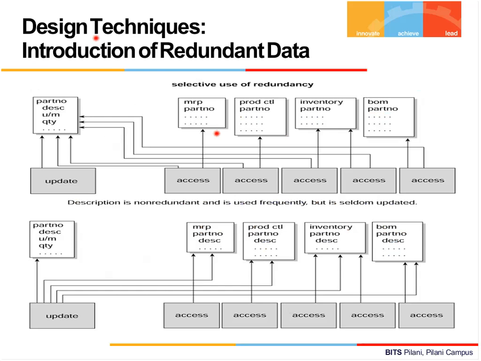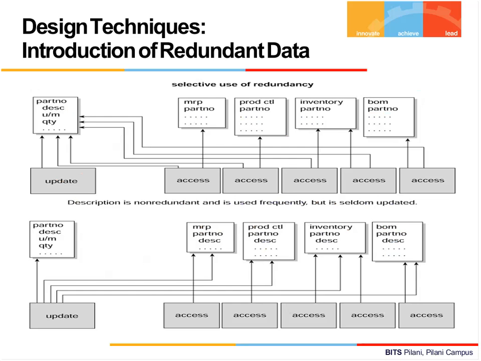Again, you can see the design technique of introducing redundant data. The reason is, if there is an update coming and I have duplicate data, that means I have to update in all of these tables. So in operational, we put the description in one place. You can see the description is in this table.